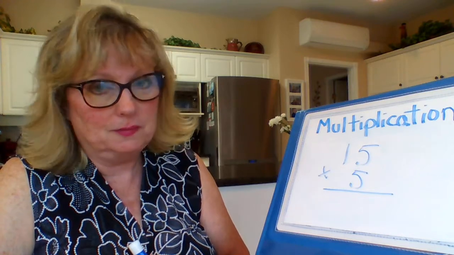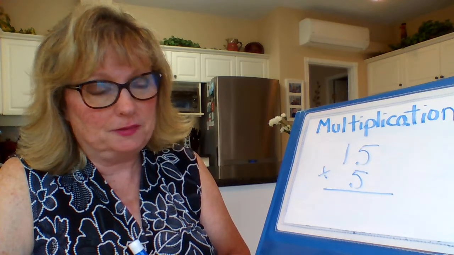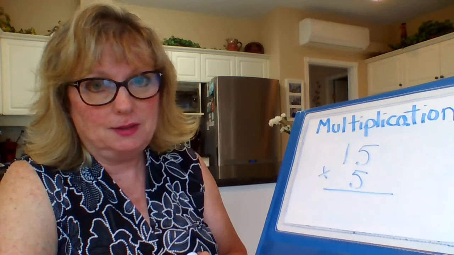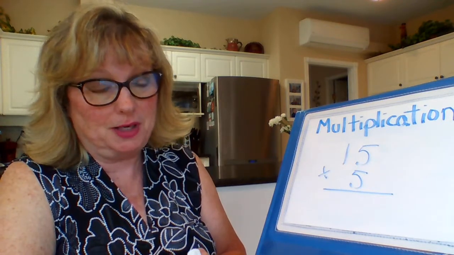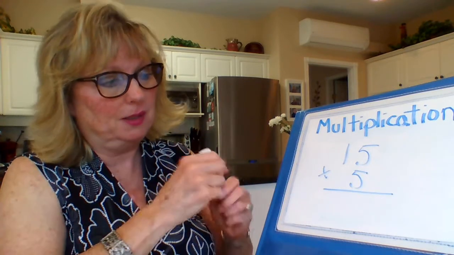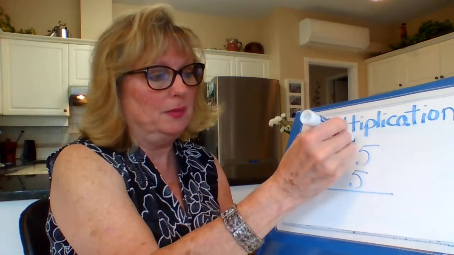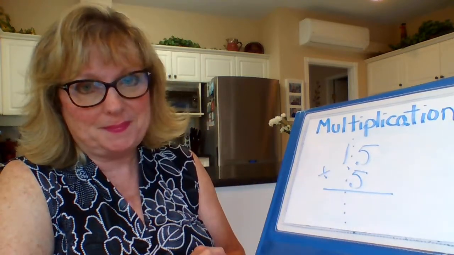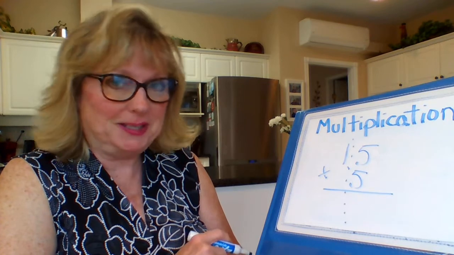So you write that down. 15 times 5. That's a lot of 15s. We can't add them up that fast in our mind. So multiply works. Remember, we want to have our ones column. You got the answer?